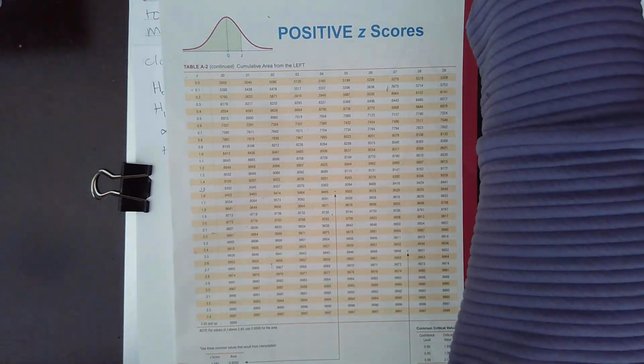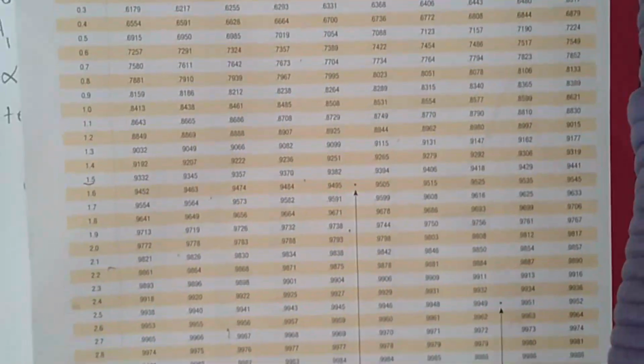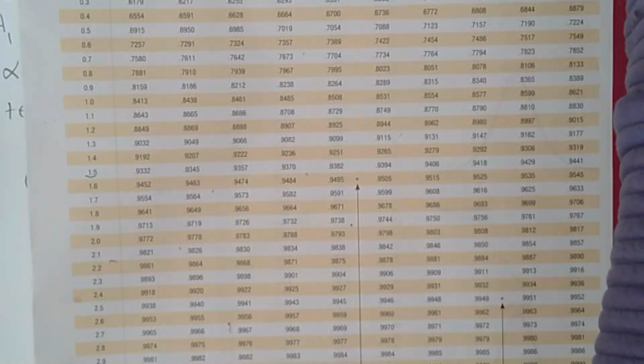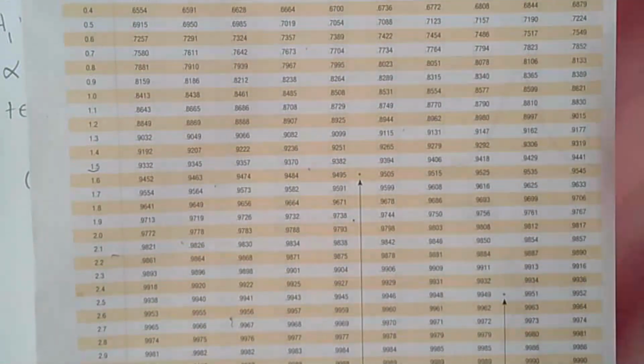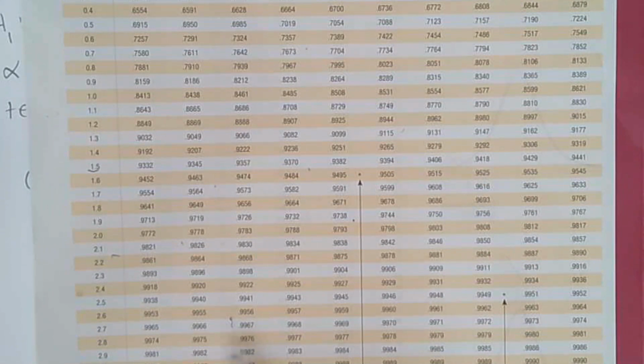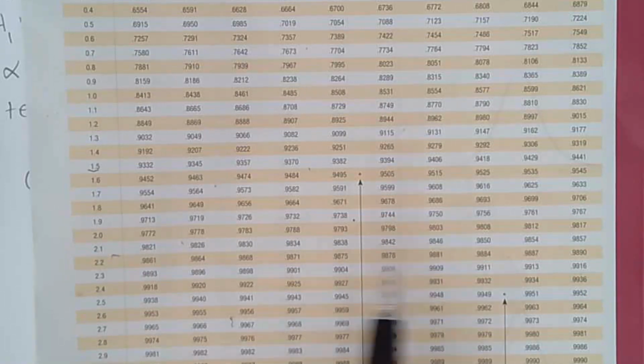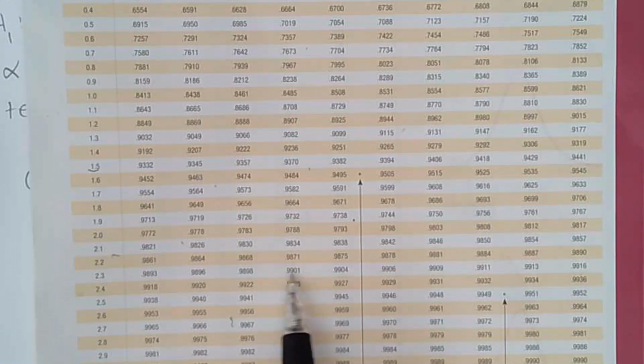You can see that right there, 0.9901. You can find this in any positive z-score table. 0.9901, that's the closest you can find. You don't have anything closer than that or somewhere in the middle.